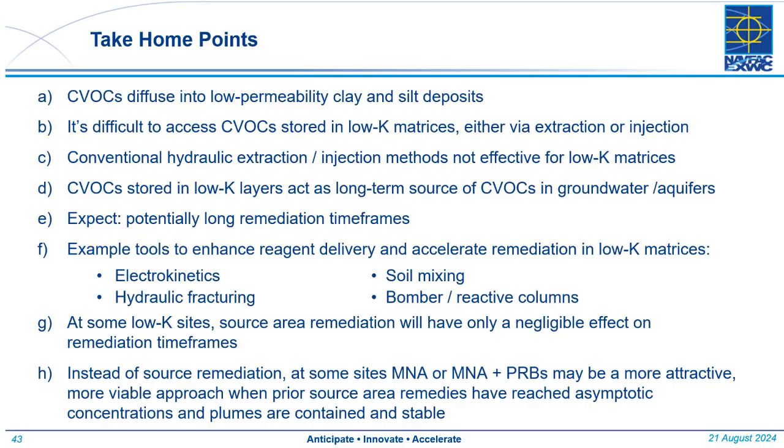And chlorinated solvents in these low permeability matrices can serve as a long-term source of CVOCs in groundwaters and aquifers, so we need to expect long time frames for remediation at these sites. Tools you heard about today, electrokinetics, hydraulic fracturing, soil mixing, and bomber or reactive columns, can all be used to accelerate remediation and improve reagent delivery in these settings.